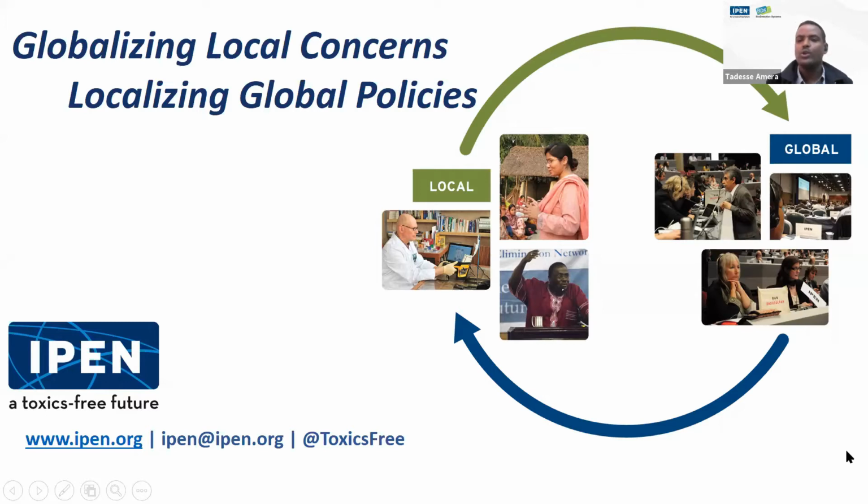And then we don't stop there. We bring those nationalized policies for implementation at the grassroots level. So this reiterating cycle of local, global, local is IPEN's approach. We don't stop at the upper stage, and we don't stop at the grassroots. We link the whole policy chain by taking the global to the local and the local to the global, as you see from the picture.